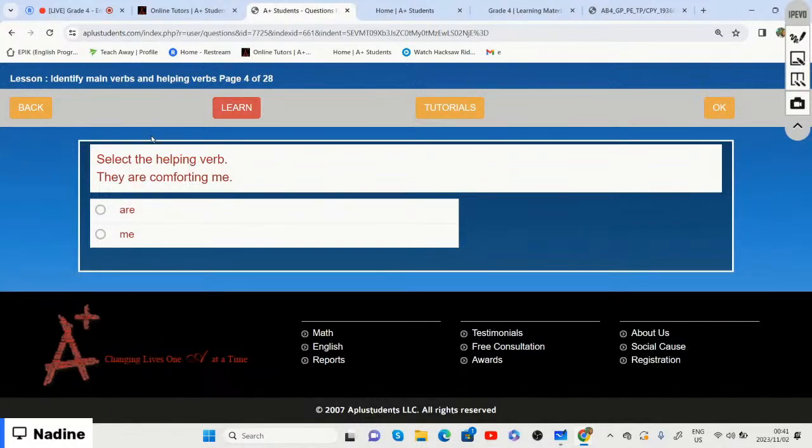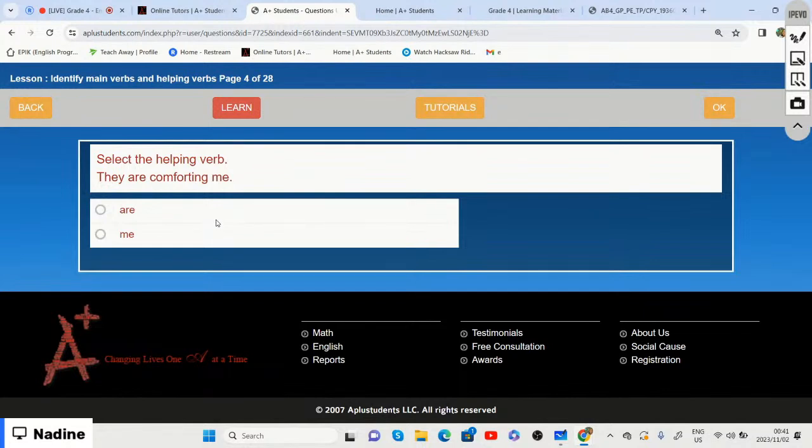Now we need to select the helping verb. The helping verb that helps the main verb to show the action. They are comforting me. Is it are or is it me? They are comforting me.